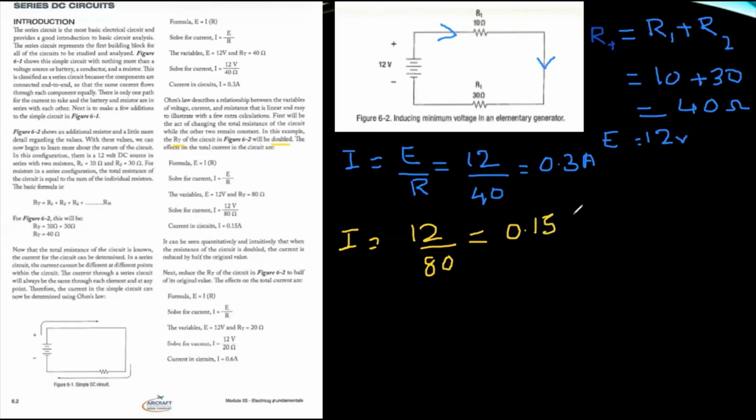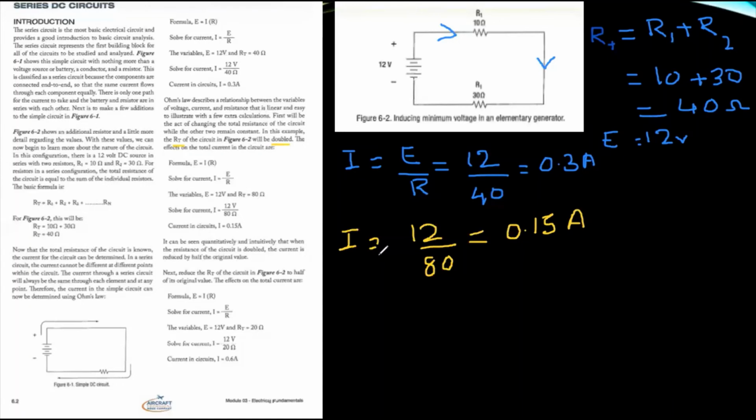So in this case, you can see when we have doubled the resistance, at that time our current has become half. In the first case, we had 40 ohms, and at that time the current was 0.3 amperes.